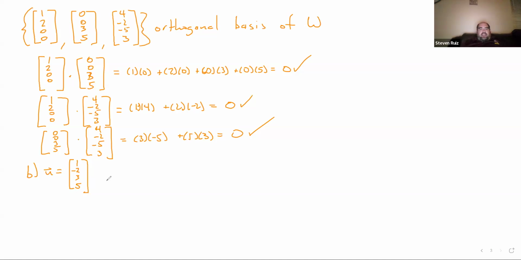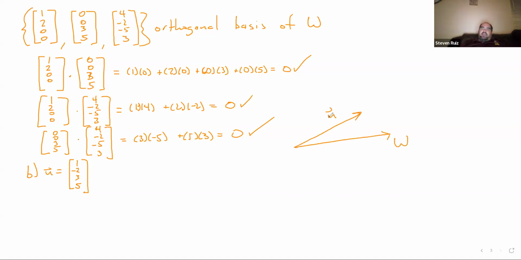U is a vector that is probably not spanned by this basis, but we want to find the orthogonal projection of U. So let's do this. I'm going to draw the same picture again. Here's vector U, and I'm going to let this single vector represent all of W. One of two things is possible.